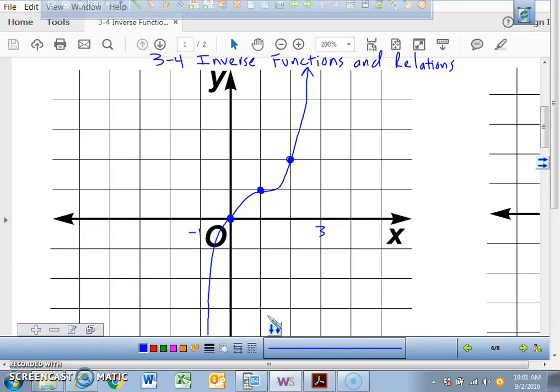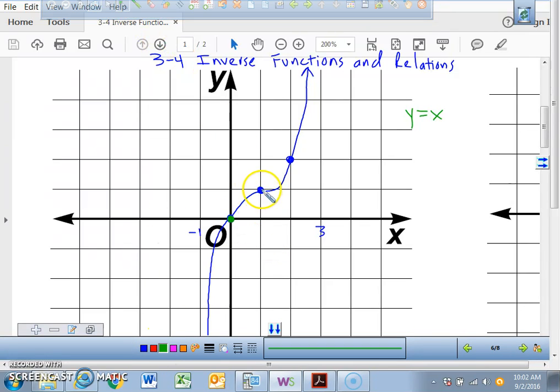The question was asking us to draw or graph the inverse of this, okay? So there's something you guys need to understand. All inverses are graphed across the equation y equals x. So the second thing that we're going to do right now is graph the line y equals x as the inverse. We're going to need your ruler. So I'm going to plot points where y is equal to x.